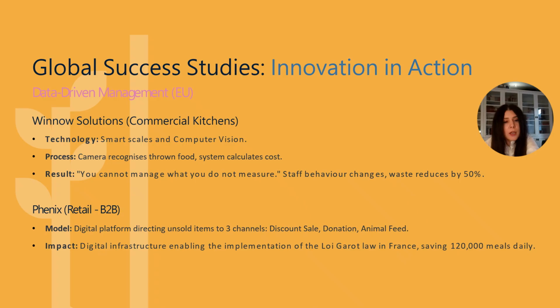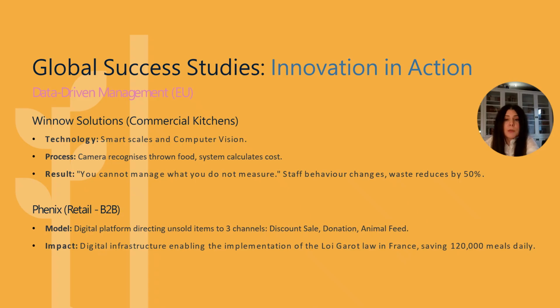On the other hand, in France, Phenix started a revolution in the B2B space. Yes, France has the Loi Garot law banning supermarkets from destroying food, but laws alone don't feed people. Phenix built a digital infrastructure that makes this law enforceable.